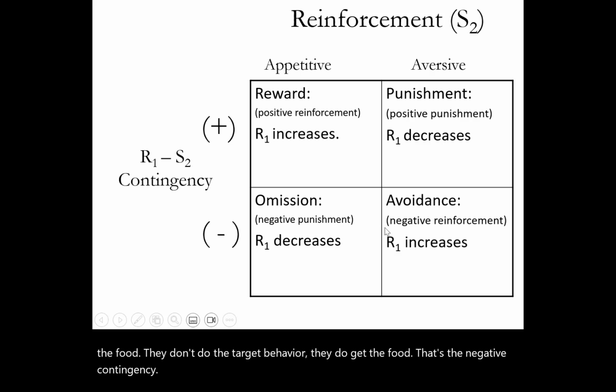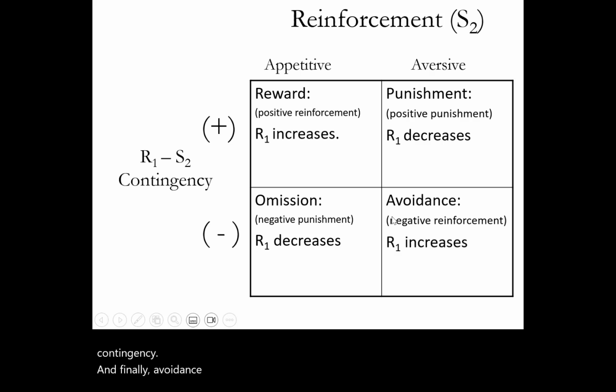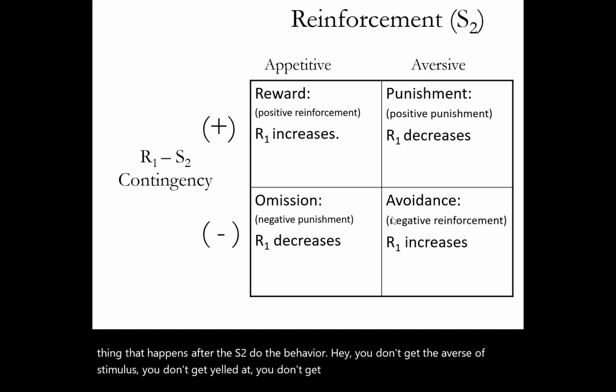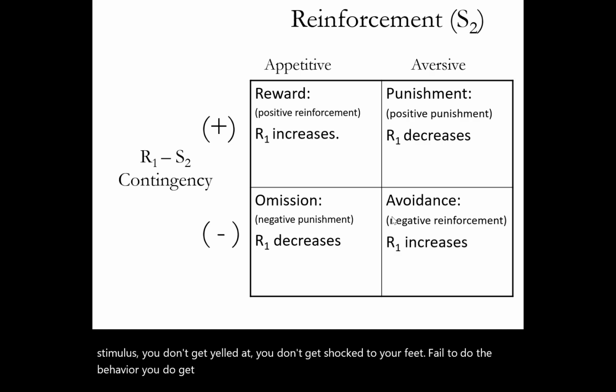And finally, avoidance is a negative contingency between the behavior and the bad thing that happens after, the S2. Do the behavior, hey, you don't get the aversive stimulus. You don't get yelled at. You don't get shocked to your feet. Fail to do the behavior, you do get shocked. These two things don't occur together.